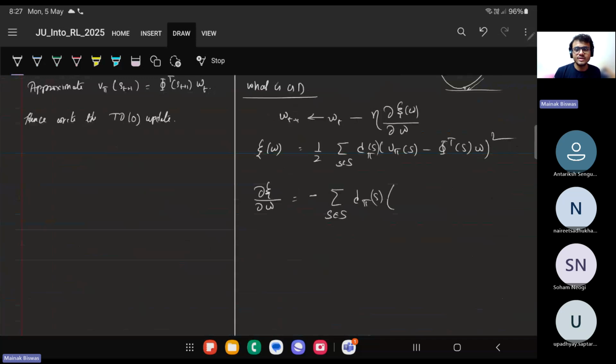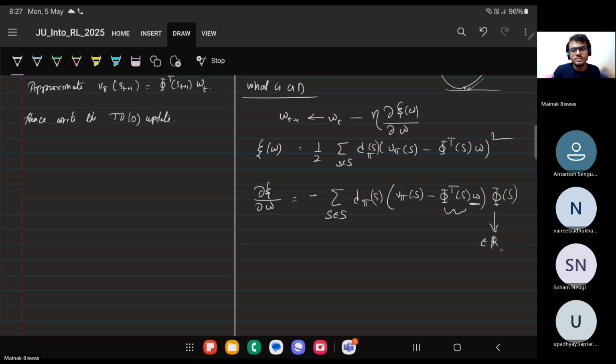Okay, now tell me the derivative of this. We derived it last time. Only that term will remain and all the other terms will vanish. We had a phi of S, yes or no? Because we are taking a derivative with respect to W, this phi S will remain. To check if it is correct, what is the dimension of this feature vector?